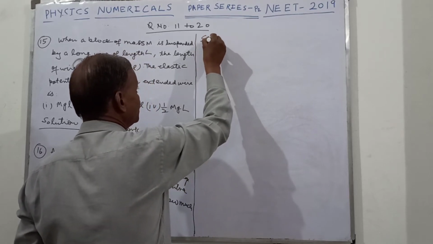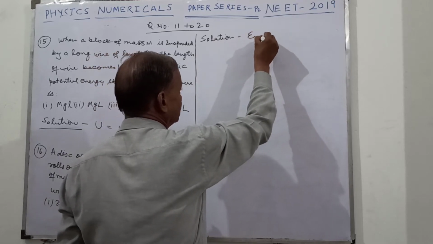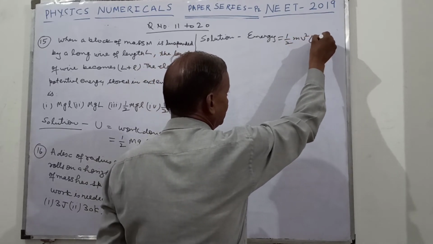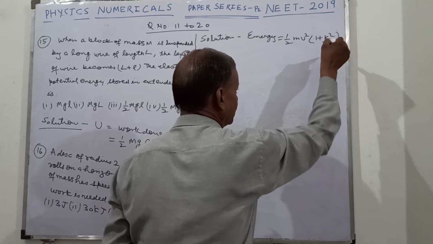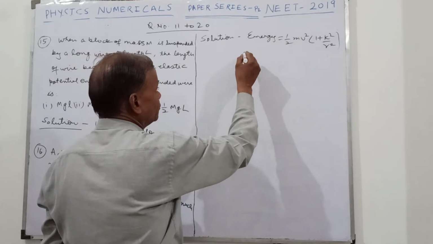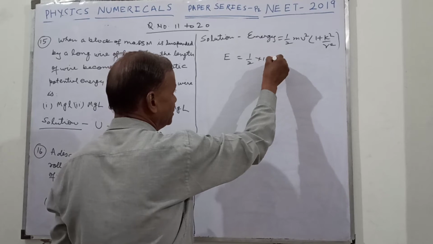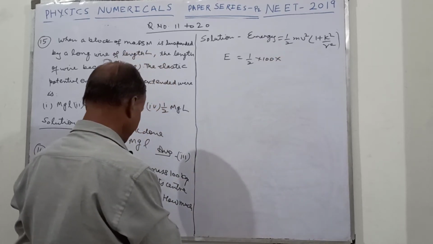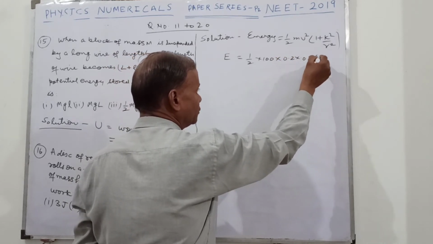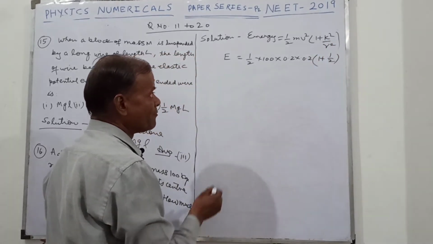So the solution is: energy is equal to half mv square into 1 plus k square upon r square. This is the direct formula for the total energy. So energy E equals half into m, given as 100, v is given as 20 centimeter, which means 0.2 meter, squared, into 1 plus, for a disc, k square upon r square equal to 1 by 2.